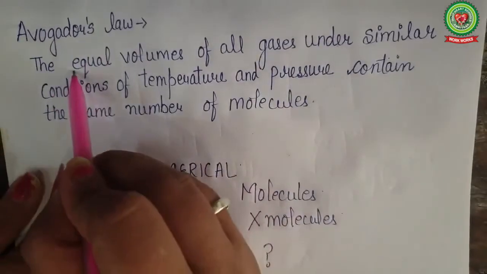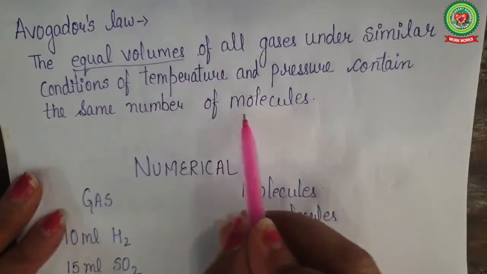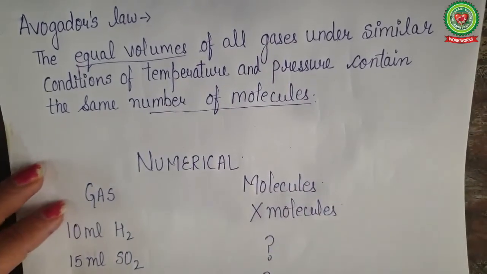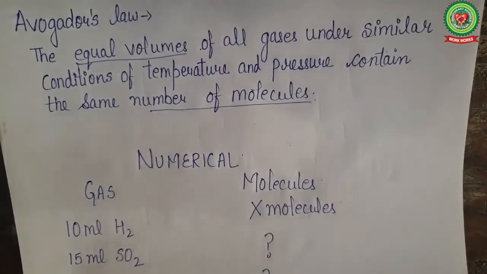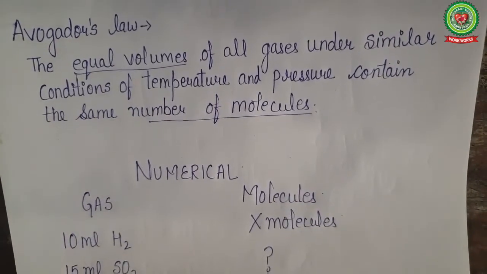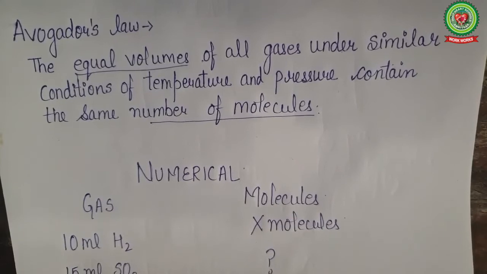It means if the volumes are equal, the number of molecules is also the same. Even if your gases are different, it doesn't matter. If volume is equal and the pressure and temperature are constant, then the number of molecules will be the same.